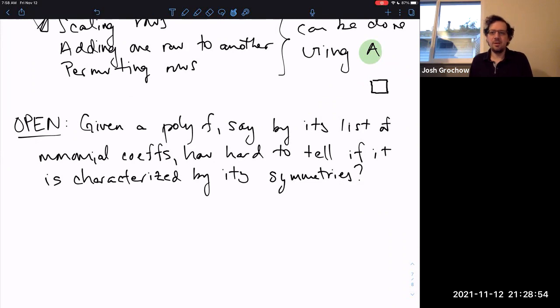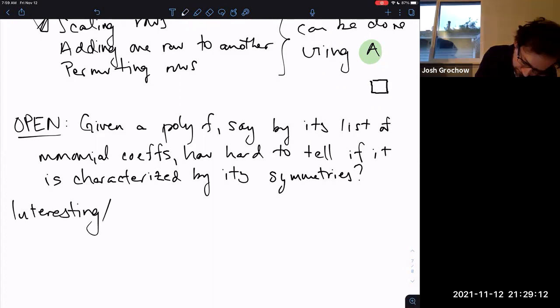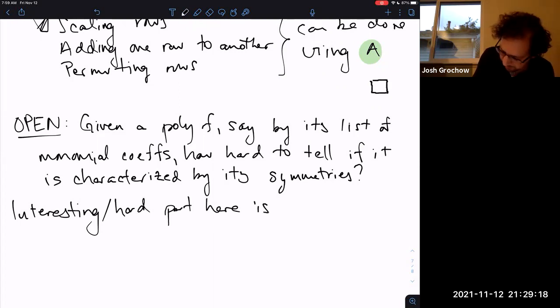The identity component, the continuous part, you can answer this question essentially using linear algebra by looking at the Lie algebra. So the interesting hard part here is the finite components.